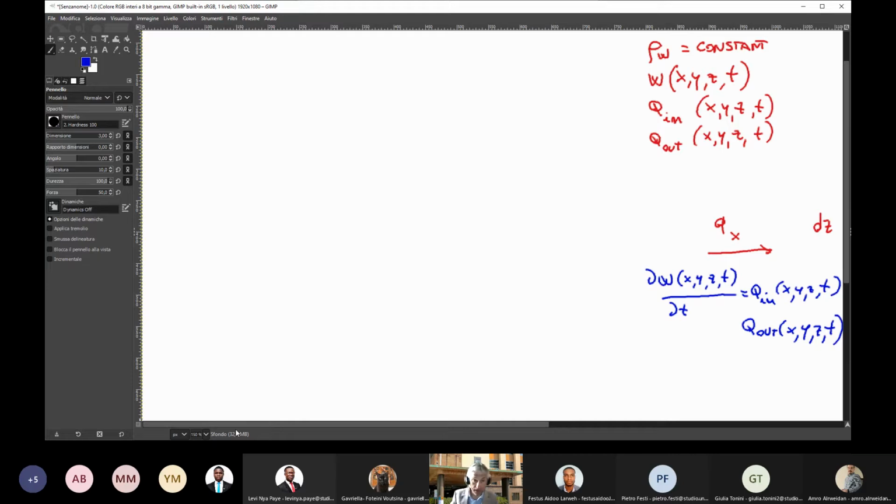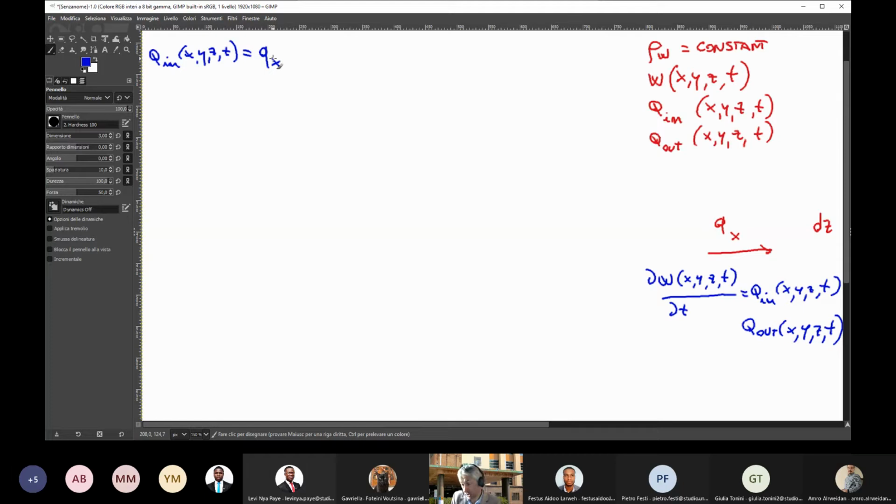Okay, so I can write Q in(x, y, z, t) in this way: it is given by the flow, lowercase qx, which again depends on four coordinates, three coordinates x, y, z, and time. Let me drop them for the sake of simplicity, okay?